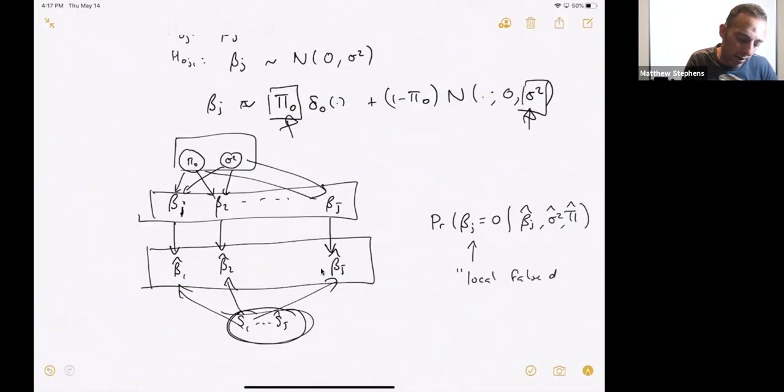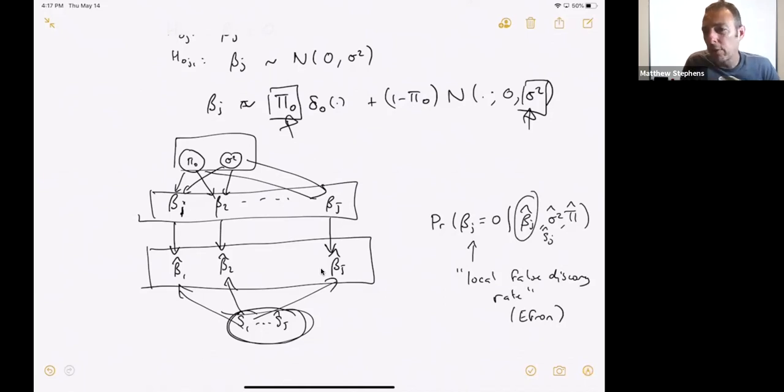This is terminology due to Efron, I believe. Why is it local? It's local because it applies specifically to this test, j, based on its data, beta j hat. Maybe I should also include the sj hats here.